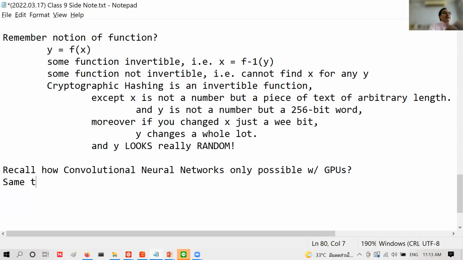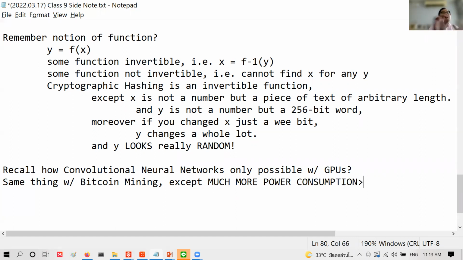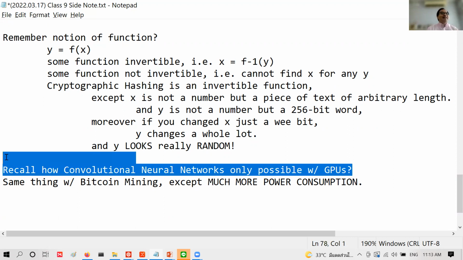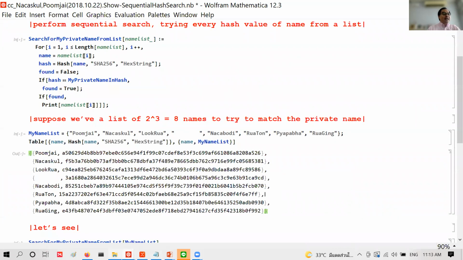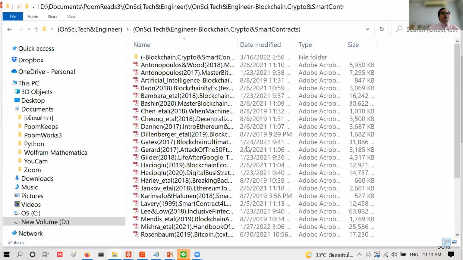Okay, same thing with Bitcoin mining, except much more power consumption. Think about it. When I train the neural network, it runs for hours. For example, I told you, right, there's a language model that's done by, let's go to the internet.